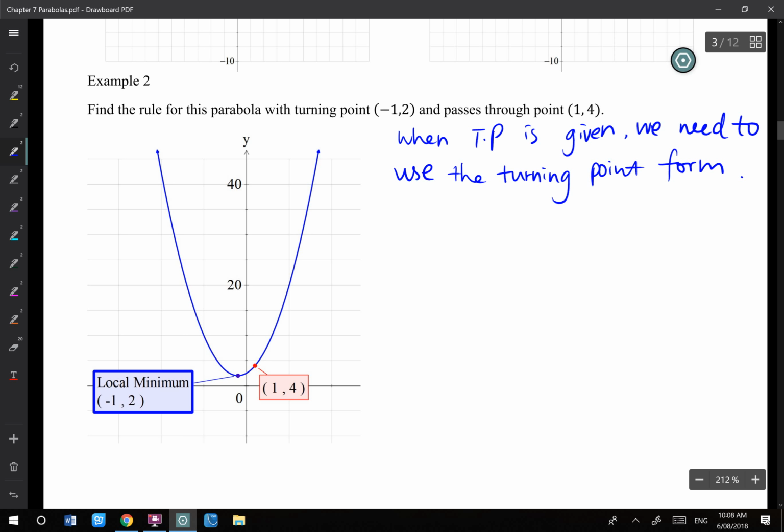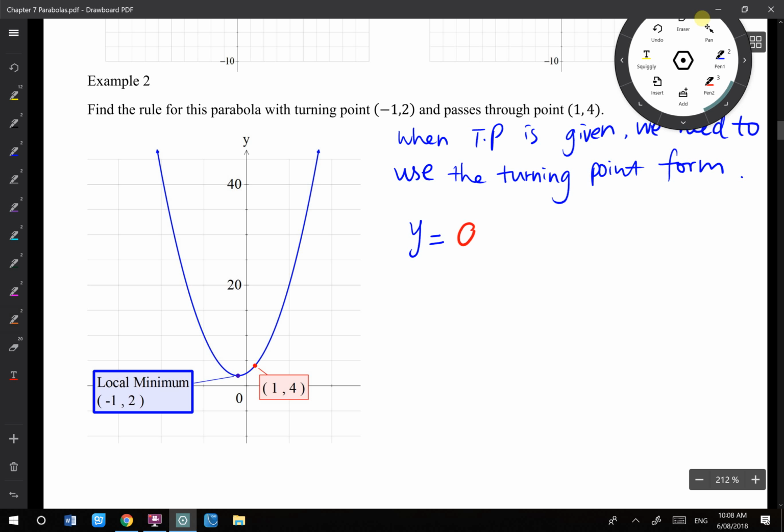When you see a turning point, then you use the turning point form. You definitely use the turning point form. Again, remember the turning point form is y equals a(x minus h) squared plus k.